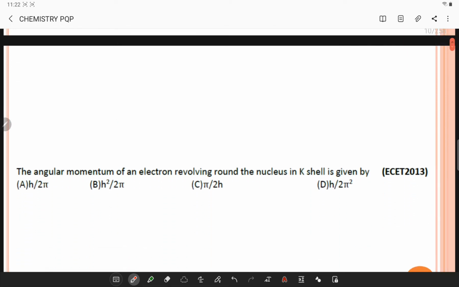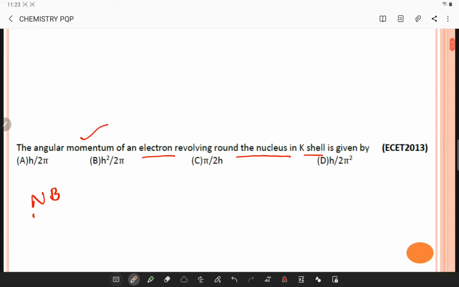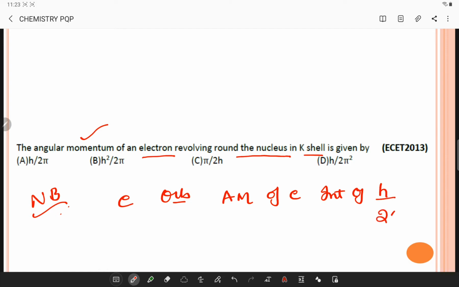Next, the angular momentum of an electron revolving round the nucleus in K shell is given by. If you remember the Niels Bohr theory, as per the postulates, electrons can exist only in the orbits for which angular momentum of the electron is an integral multiple of h by 2 pi. So if you see the answer, only this is the correct answer.